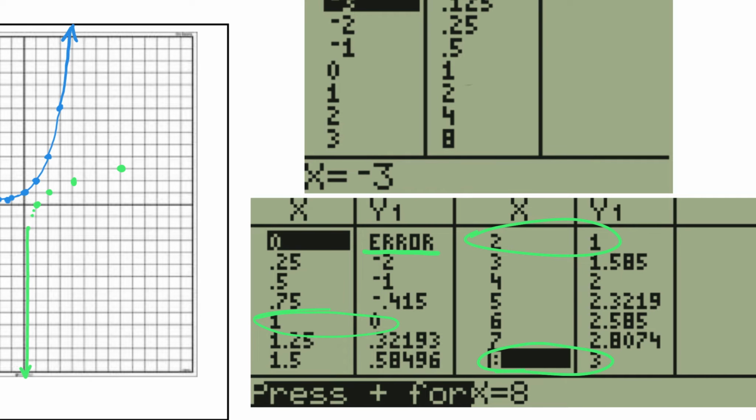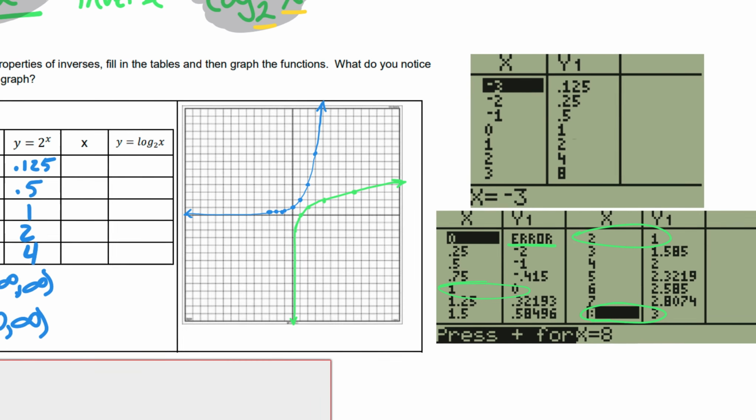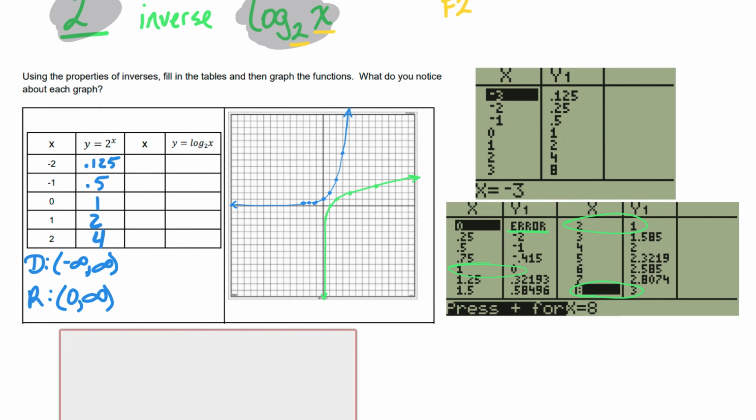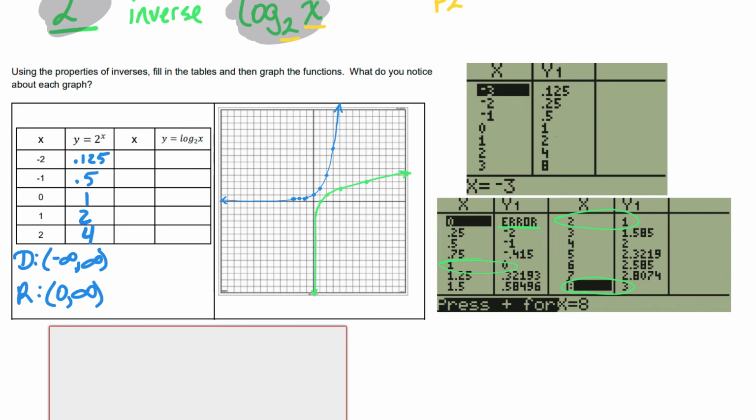So this function looks like this. And just like the exponential function, anytime we have inverse functions, they're always reflected across the y equals x line. So this is what this is going to look like. I'm going to highlight some points. I've got some on here specifically, and then we will see what we're talking about.